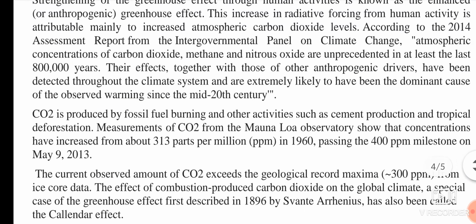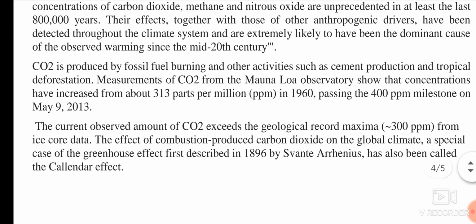Carbon dioxide is produced by fossil fuel burning and other activities such as cement production and tropical deforestation. Measurement of carbon dioxide from the Mauna Loa Observatory shows that concentrations have increased from about 313 parts per million ppm in 1960, passing the 400 ppm milestone on May 9, 2013.